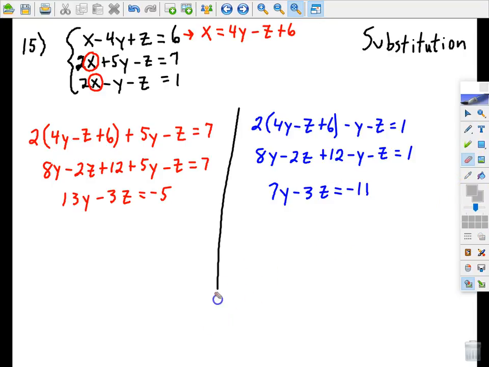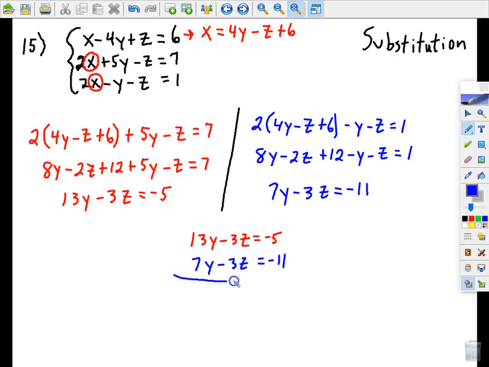Okay, so now the red and the blue need to be combined together, and now we're back to elimination. We did substitution initially, but at this point, going forward, we're just going to be using the elimination method just like you did in previous homework.